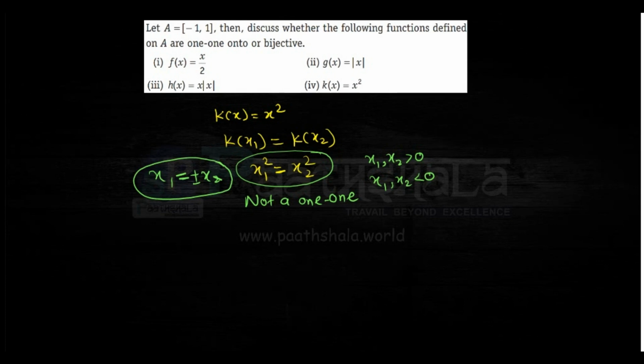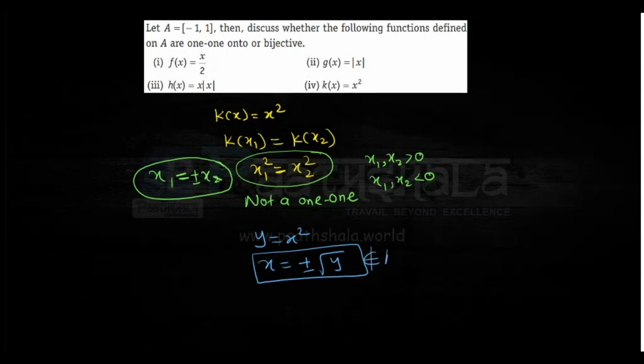For onto function, we need to write k of x equals y. So y equals x square. So we can write x equals plus or minus root y. So we are getting plus or minus root y, which does not belong to A. Why?